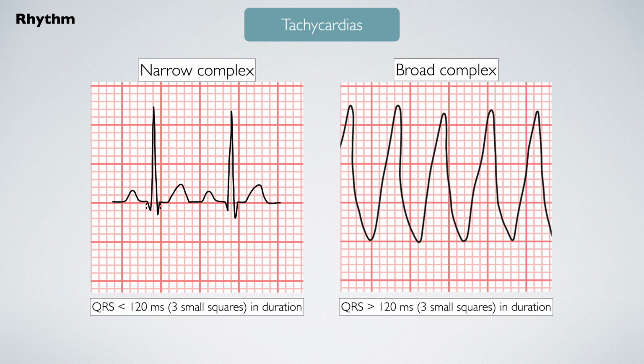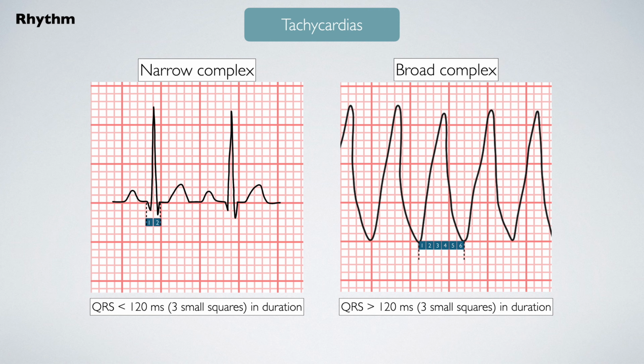Note that 120 milliseconds is equivalent to 3 small squares wide. So if the QRS complex is less than 3 small squares in width, it is a narrow complex, and if it is greater than 3 small squares in width, it's a broad complex.